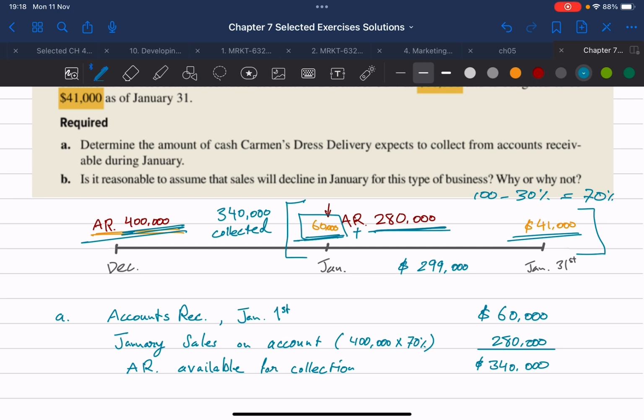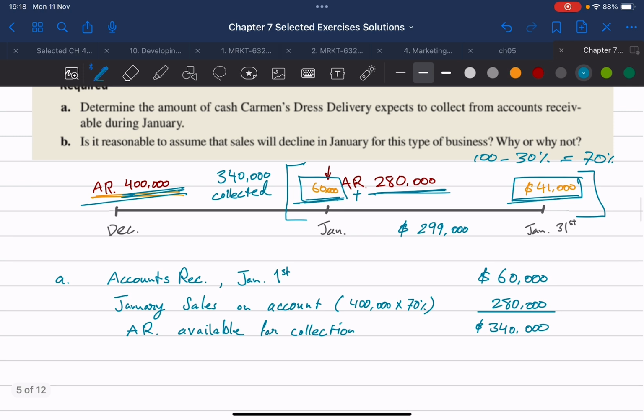All we need to do now is just subtract the closing balance. Okay, so we're going to say less accounts receivable as of January 31st, which is $41,000.